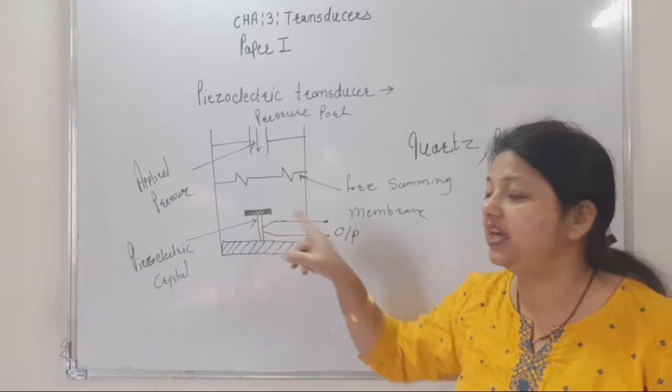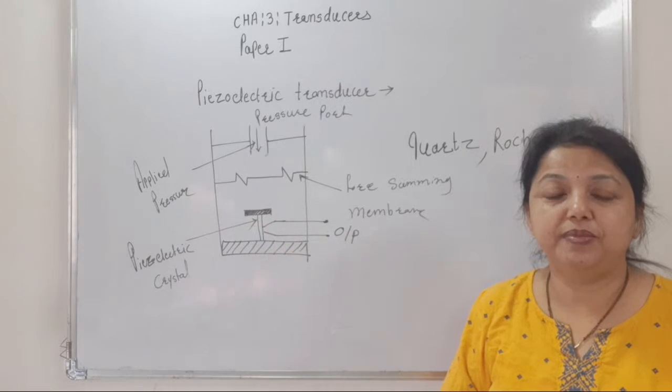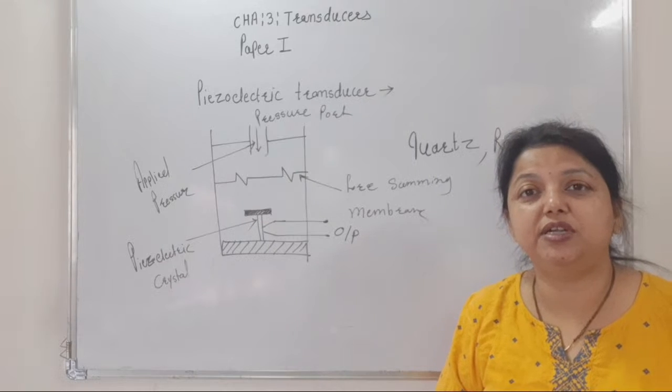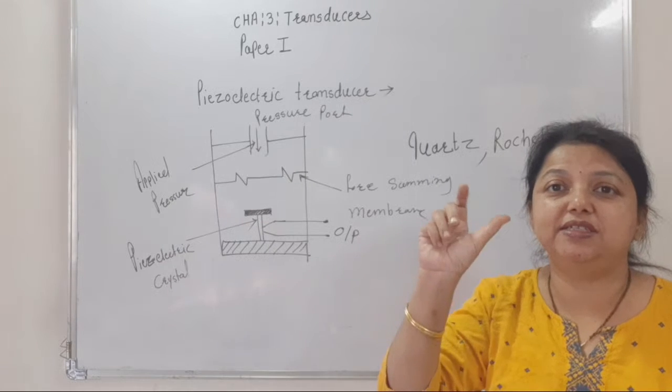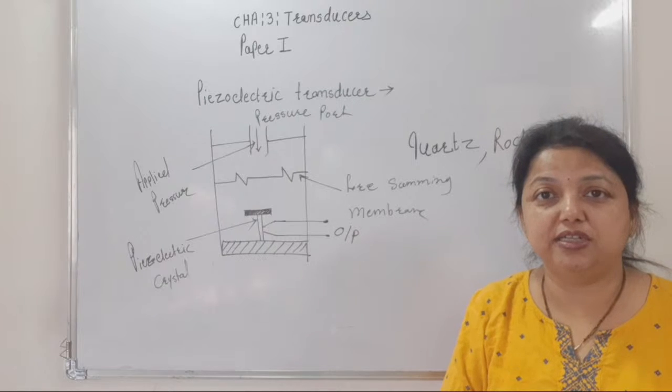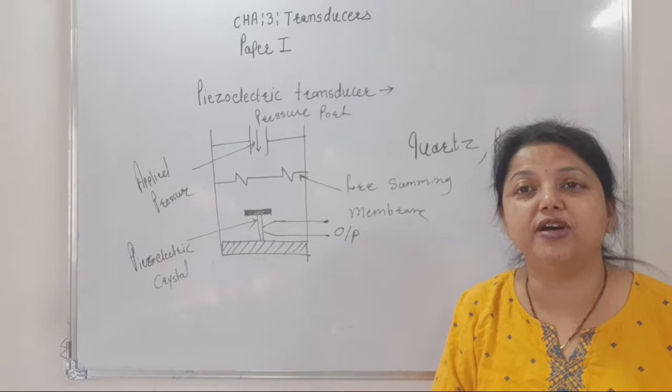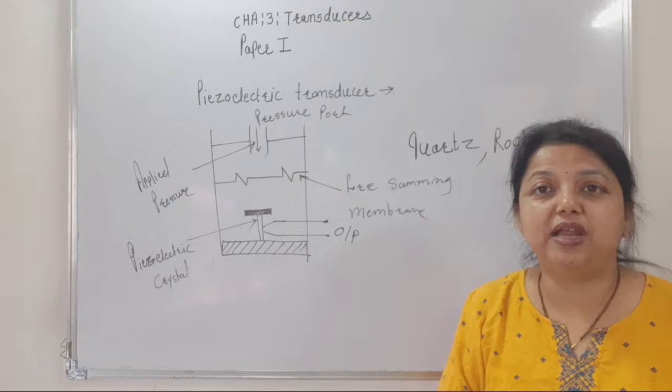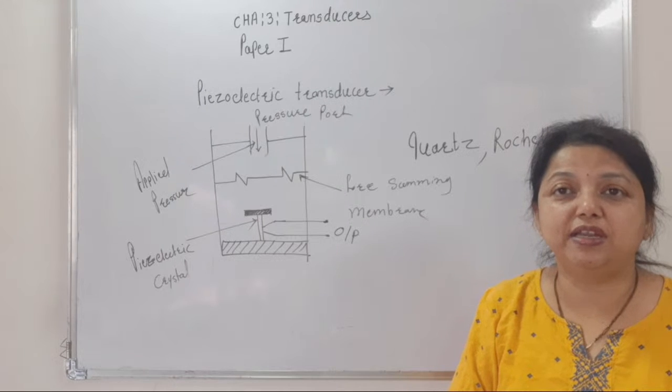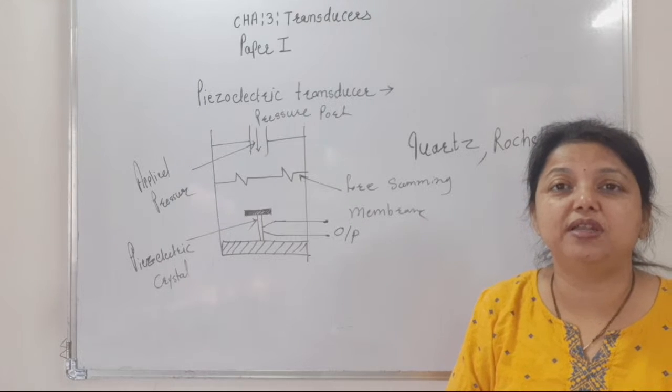EMF is generated across that crystal. And whenever it is subjected to tension, then the charges are in opposite direction. The direction of EMF is also reversed. Do you understand? This is the piezoelectric transducer.